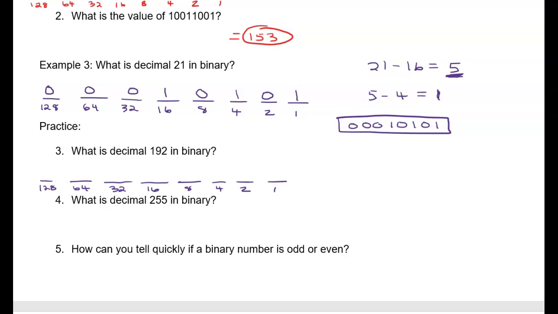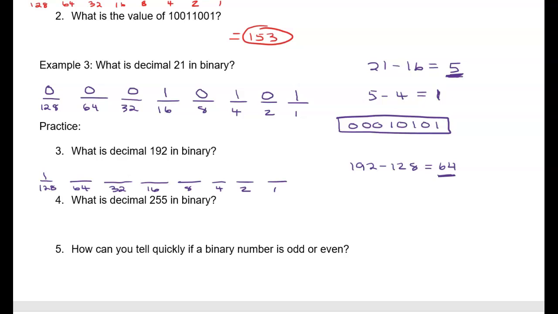And so right away I know that 128 is going to be able to go into 192. So if I do 192 minus 128, I get 64. Ooh, 64 is a nice number. I want you guys to try and finish the rest of this. So how many 64s go into 64, how many 32s, etc.